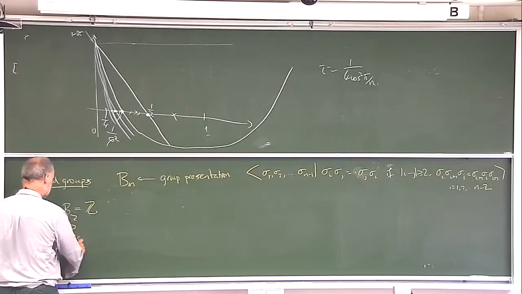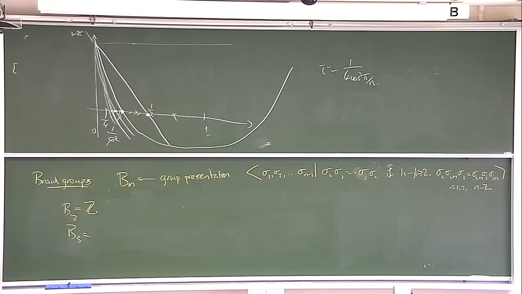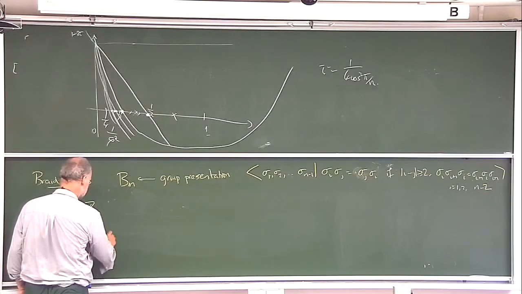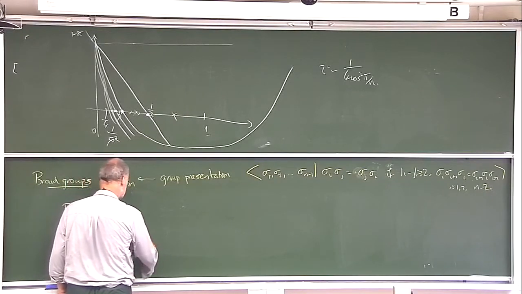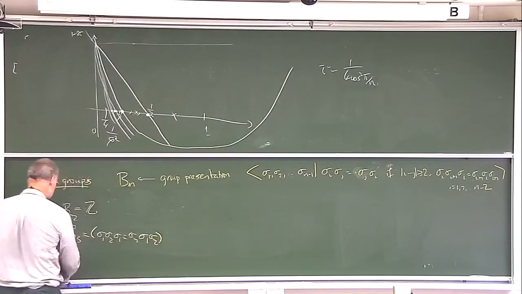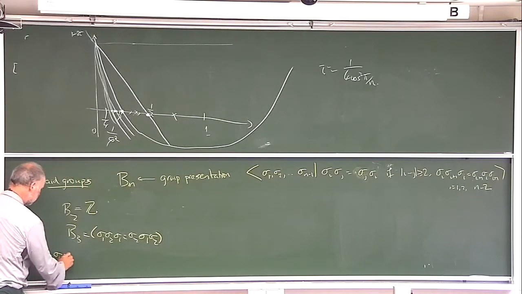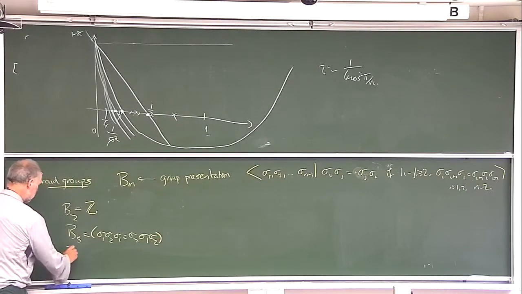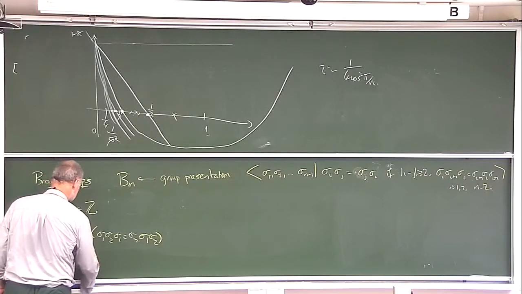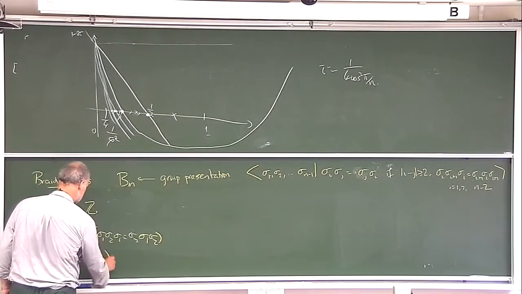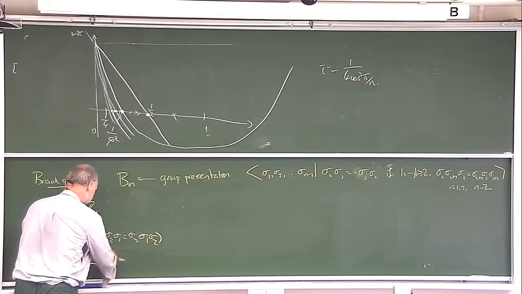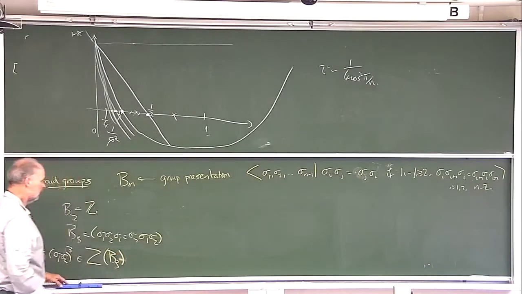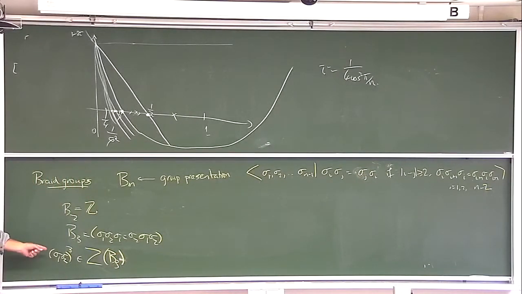And then you can also say something about B3, and B3 is just sigma 1, sigma 2, with sigma 1 sigma 2 sigma 1 equals sigma 2 sigma 1 sigma 2. And if you do a little exercise, you'll find that sigma 1 sigma 2 cubed is in the center. It's just a little bit of fun playing with these generators and relations.